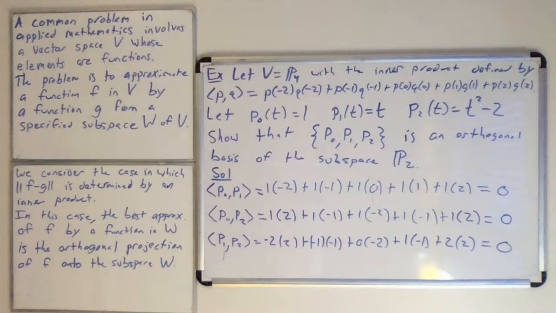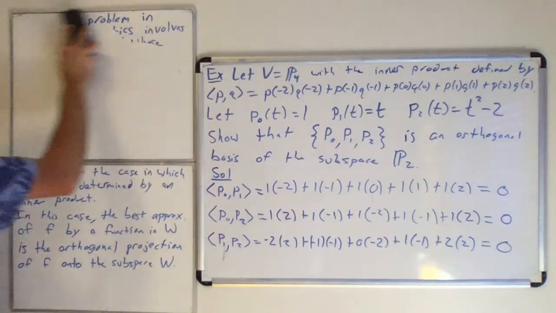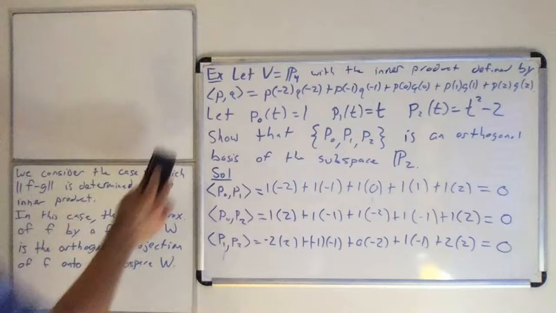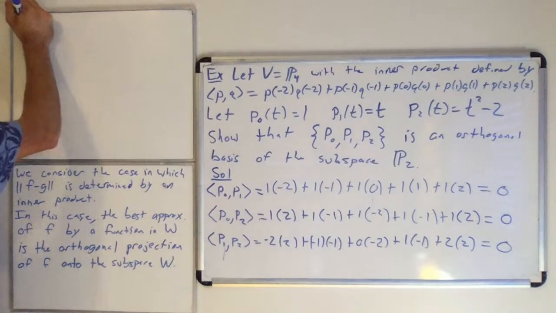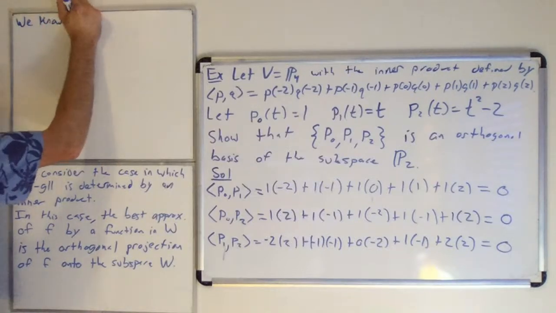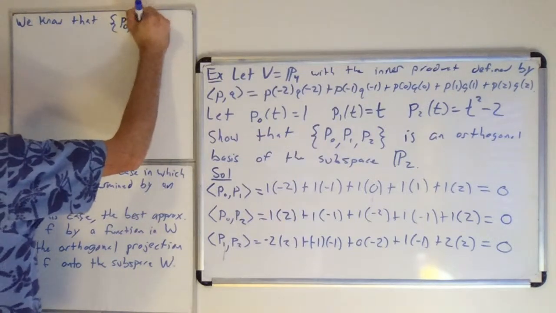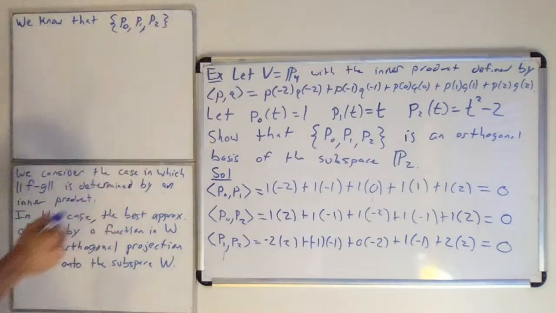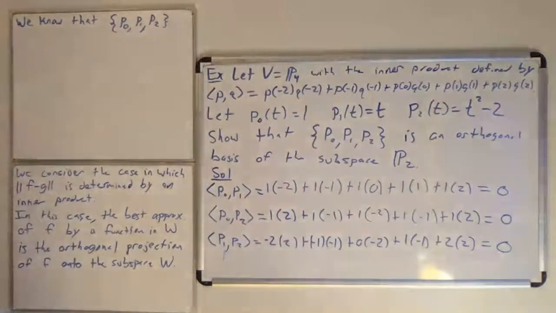How do we know it's a basis for P2? It's linearly independent. That's true, but for instance, P0 and P1 is also linearly independent.